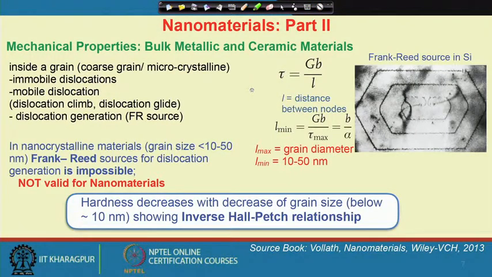So, in case of any bulk metallic alloys, in a grain, let us say a coarse grain microcrystalline sample, there are immobile dislocations, meaning dislocations that cannot move, and there are mobile dislocations which are lying on a glide plane, where dislocations can easily flow and provide us some plastic deformation.